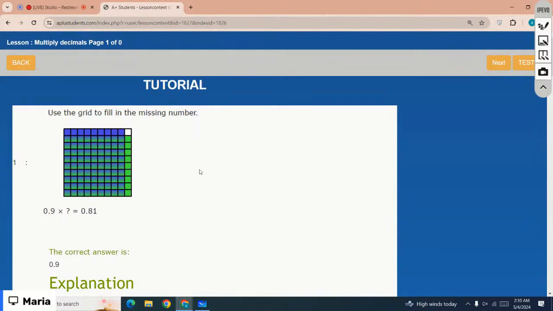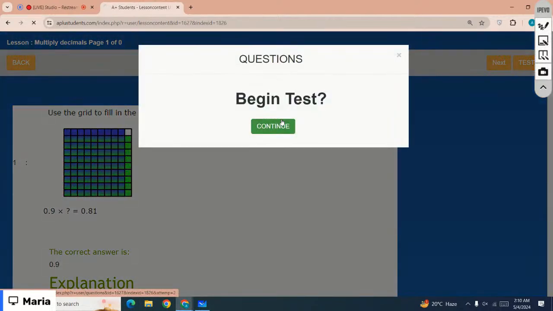Use the grid to fill in the missing number. 0.9 times what number is 0.81? That is 0.9 times 0.9 equals 0.81, right? The correct option is 0.9. Got it? Let's start with the test questions.